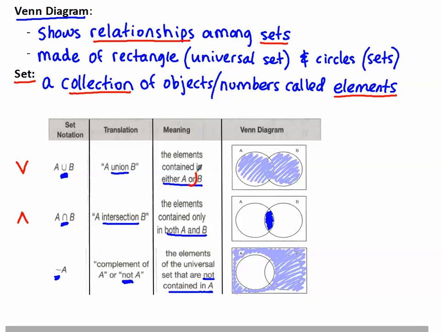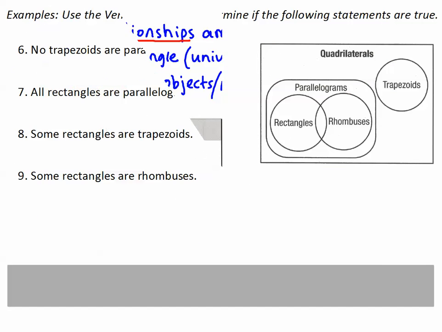Either A or B, so you get that OR symbol, the U for union, opening up, or the elements contained in both A and B, so that's like our A for AND. The intersection is an opening down type of symbol, but it's curvy when we do the Venn diagrams. It's pointy when we do the symbolic notation for translating arguments.